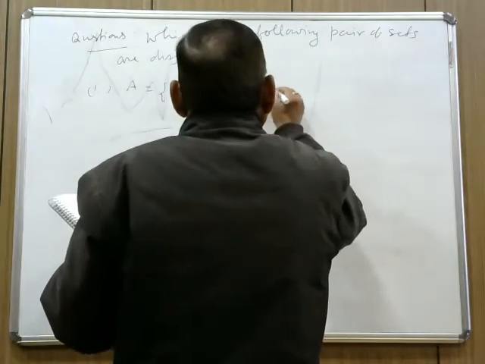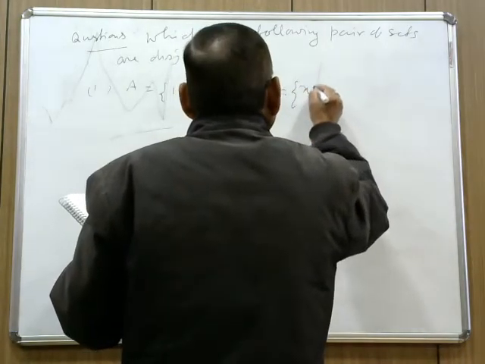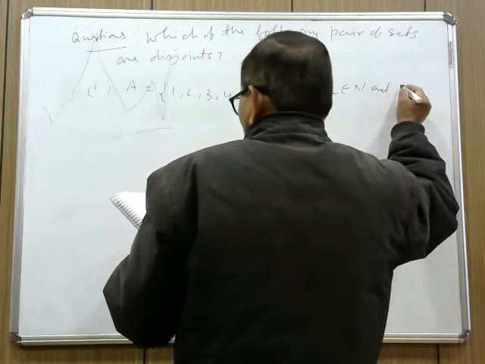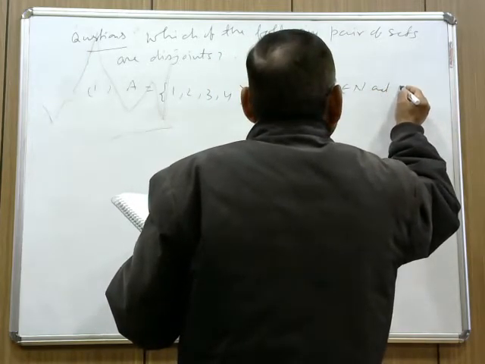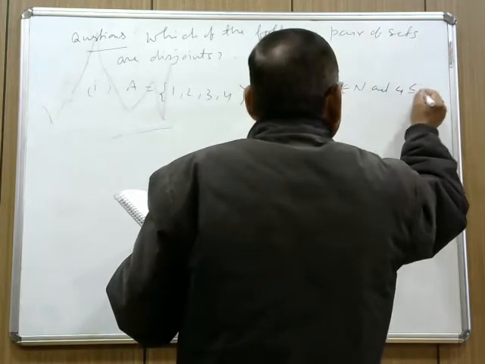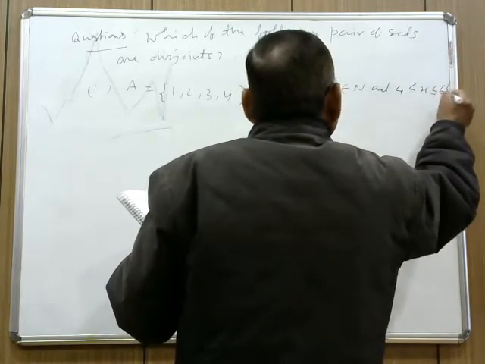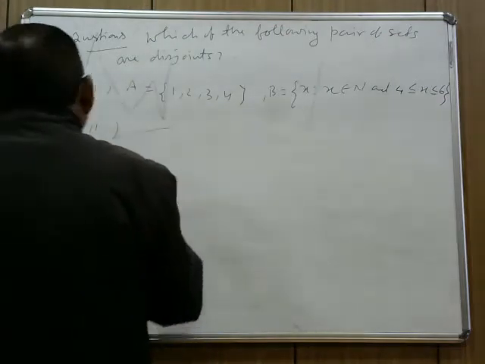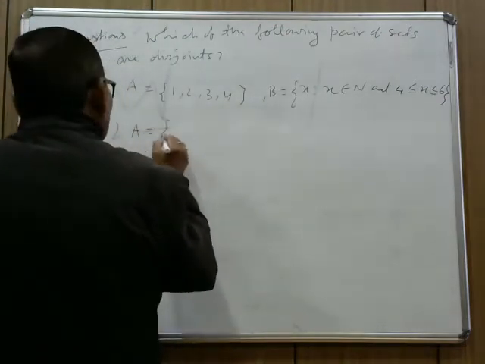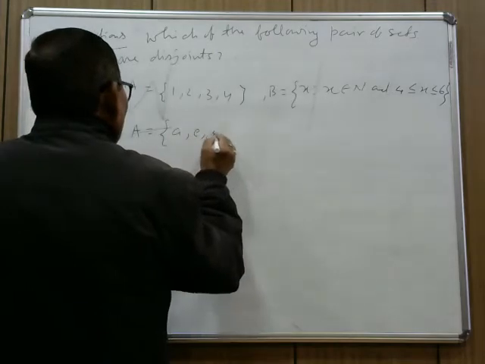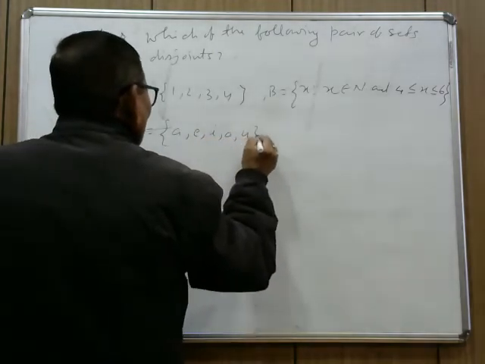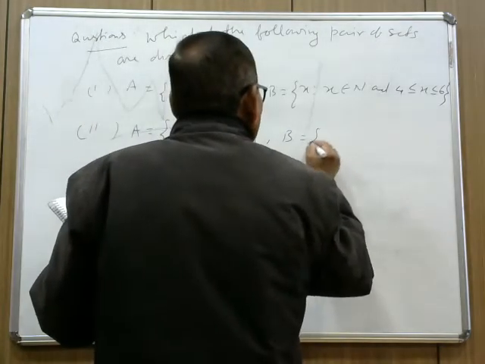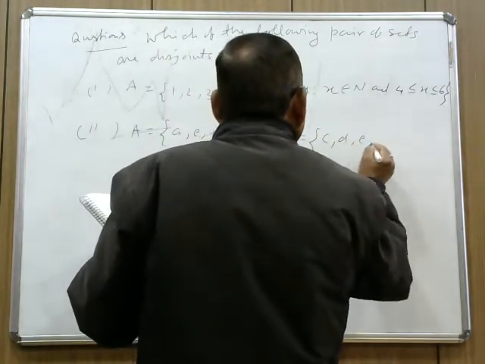Set B is defined as all x such that x belongs to N and 4 is less than or equal to x is less than or equal to 6. This is your first question. Second question, set A is {A, E, I, O, U} and set B is {C, D, E, F}.